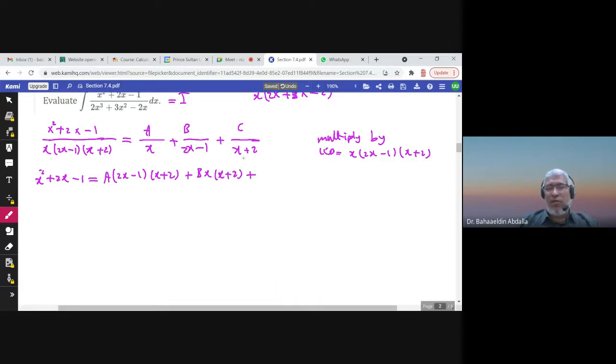The third fraction, c over x plus 2, times the LCD: x plus 2 is cancelled, and I will have c times x times (2x minus 1).